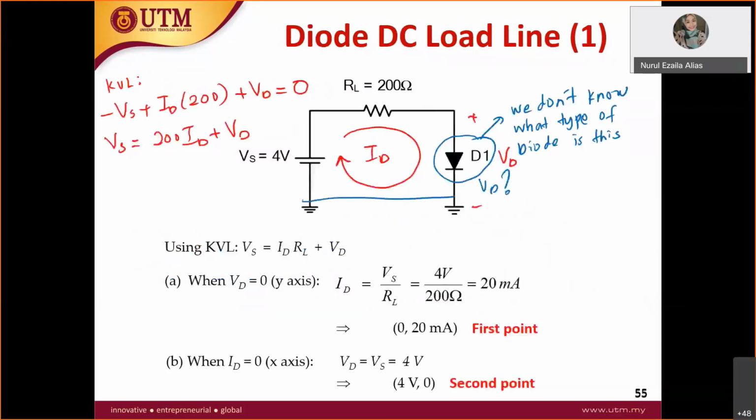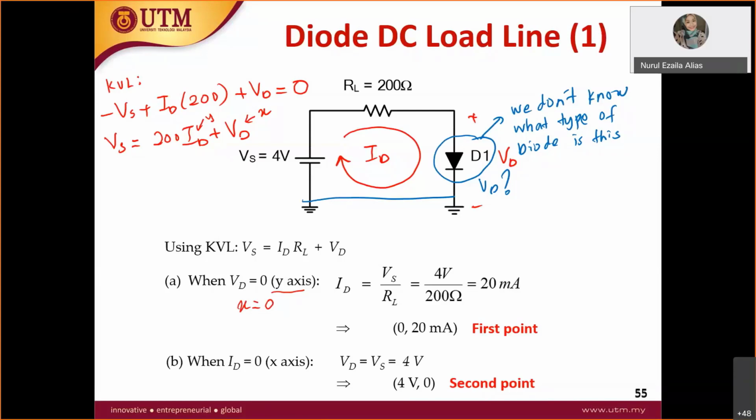From this equation, we know that VD is on the x-axis and ID is on the y-axis. The first point is at the y-axis, therefore x equals 0.